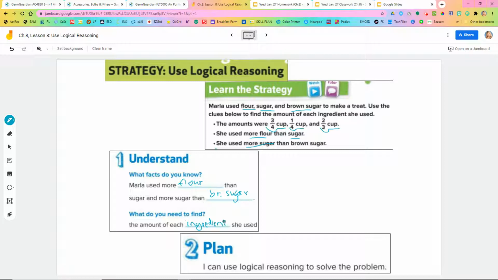All right. So for this particular problem, my plan is to use logical reasoning. I'm going to use what the clues tell me, and I'm going to make a logical connection between my clues and what I know about greater than, less than, and equal to, because we're talking about more and less.